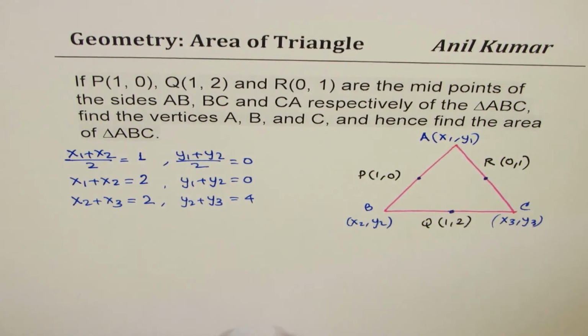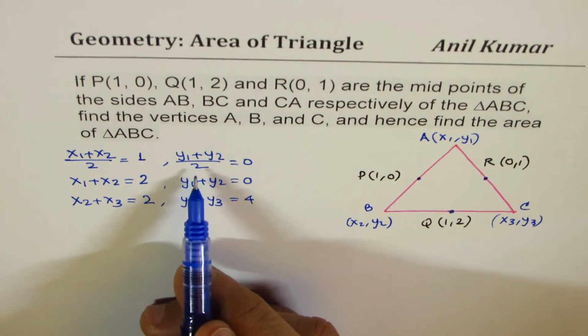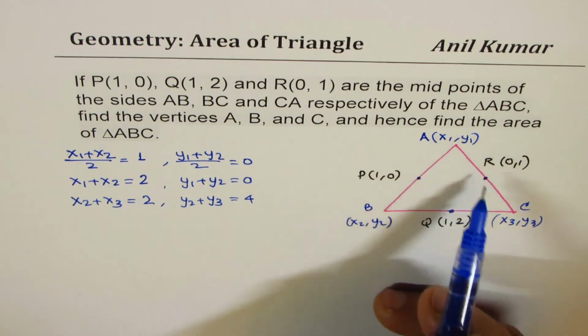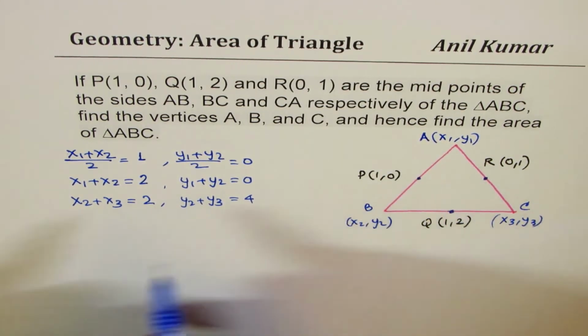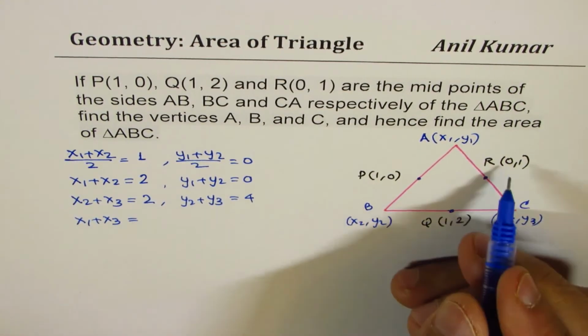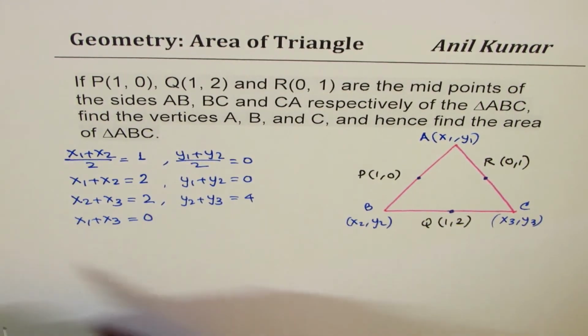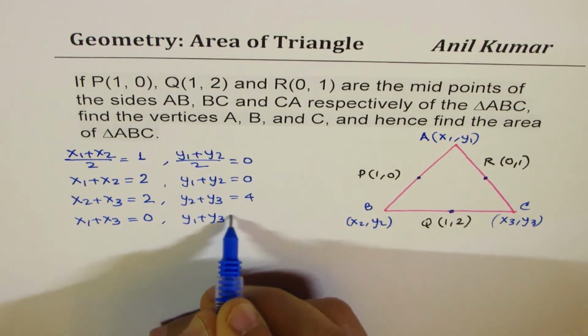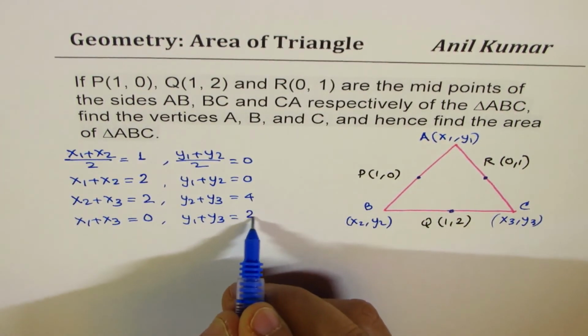Perfect. Since this is a mid value, that's the formula for mid value. Similarly for R, we can add these two sides. We can say x1 plus x3 is equal to twice 0, which is 0. And y1 plus y3 is twice 1, which is 2.